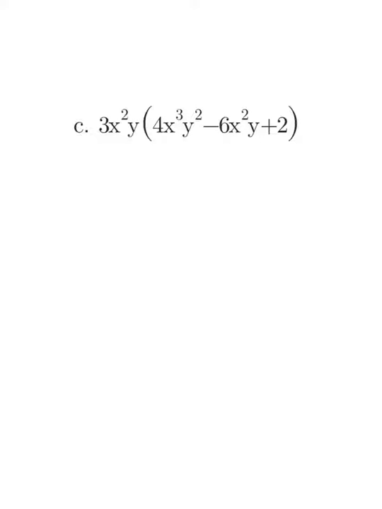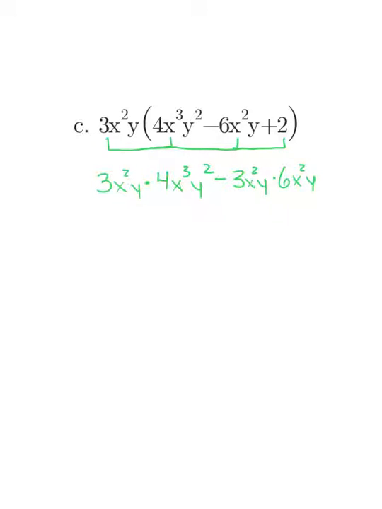If we distribute, we get 3x squared y times 4x cubed y squared, minus 3x squared y times 6x squared y, and 3x squared y times 2.